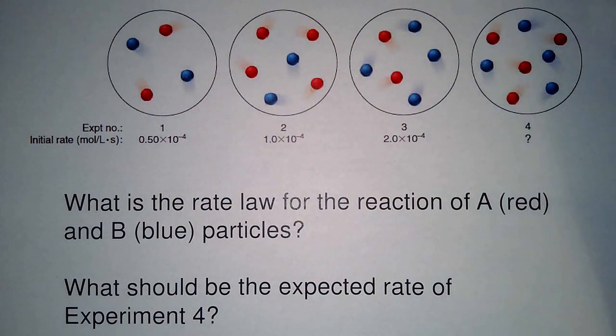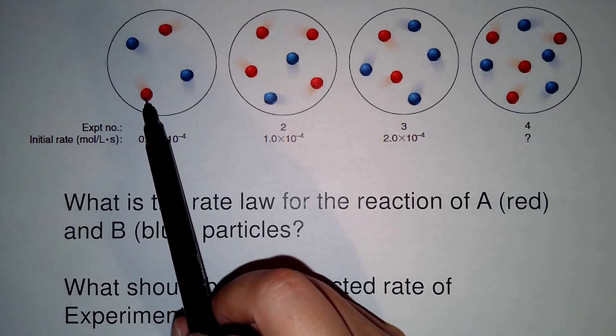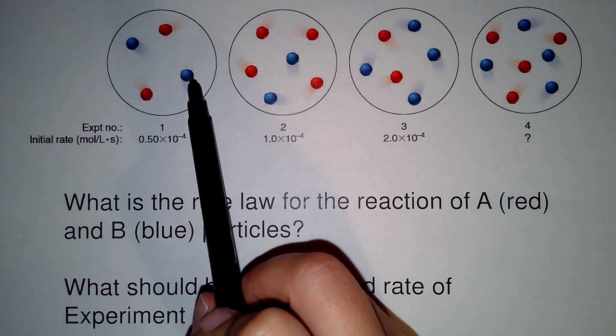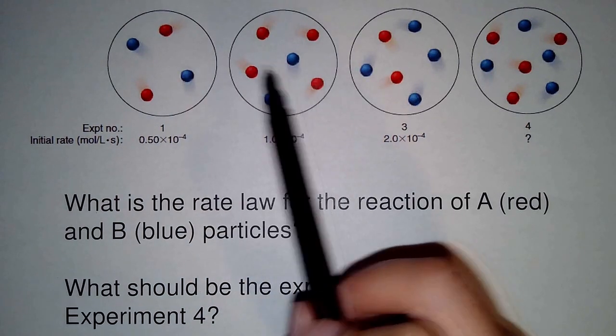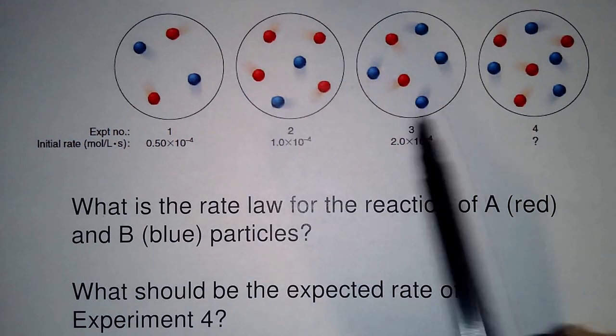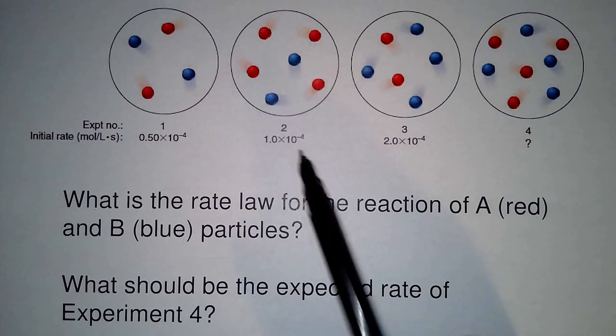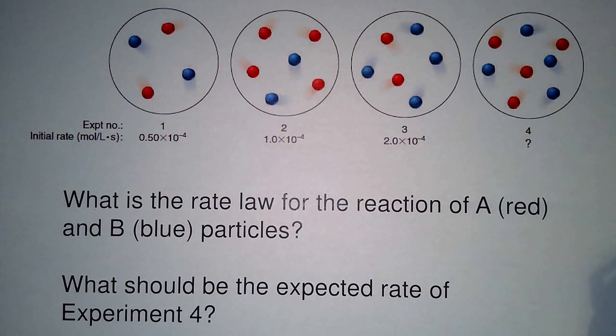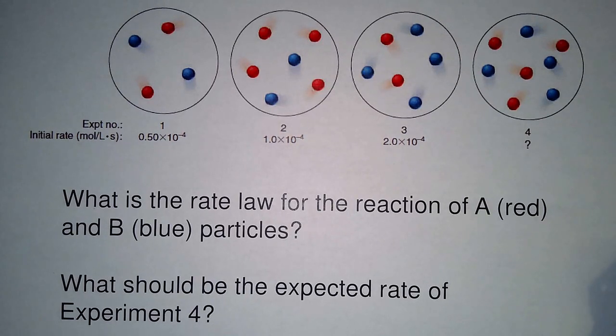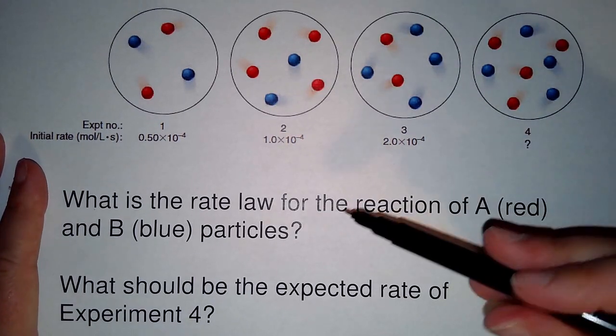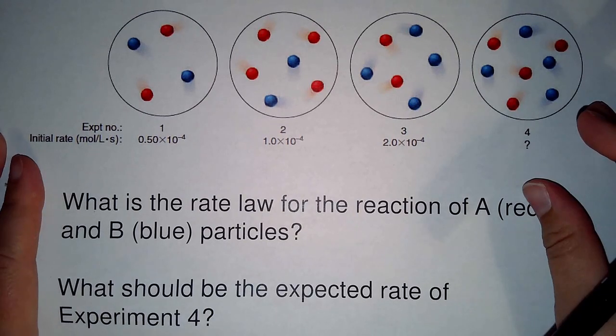So we have reactant A, which is the red, and reactant B, which is the blue. So as we change either A or B, we see a change in our rate. So we can use the pictures to find our reaction orders again. So in this one we're trying to find the rate law, so the first step of that is reaction orders. So let's look at our pictures.